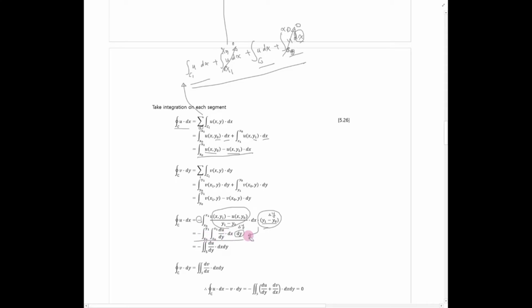So we can write this part as du/dy. And to compensate, we write dy here and the integration from y0 to y1. By taking the integration with respect to this, the dy cancels out and y1 minus y0 is multiplied, and we have the same result.